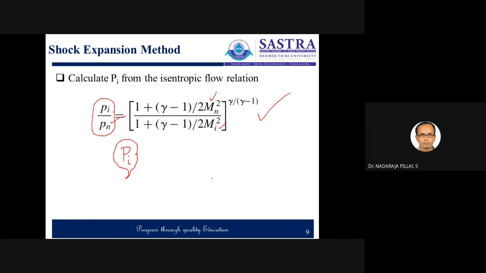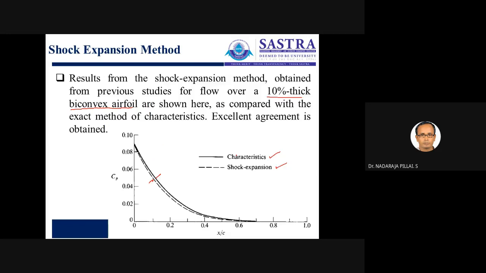Once you know Mi, considering the isentropic relation, we can calculate Pi. Once you know Pi, you can calculate Cp, right? In this way, we calculate pressure based on the shock expansion method.